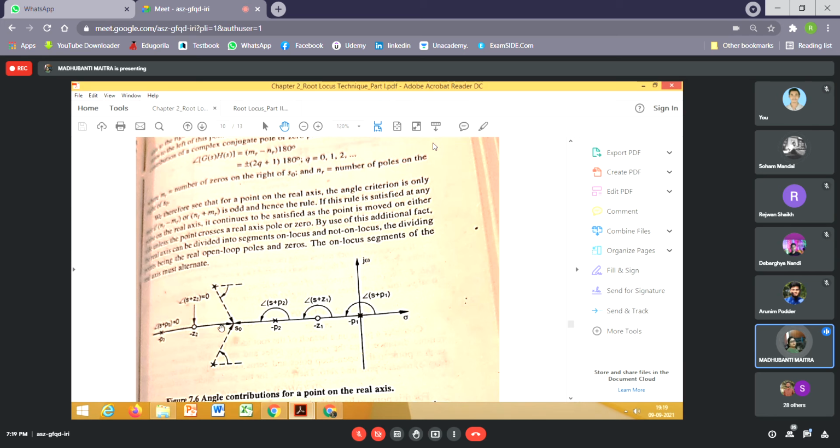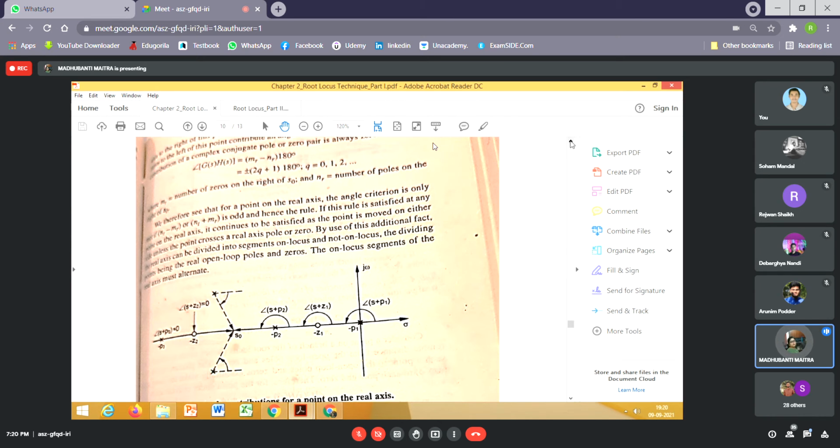Similarly, if we consider the complex conjugate open loop pole pair or pair of zeros, then this angle plus this angle, that means 360 degrees, exactly zero. That means only the real open loop poles and zeros lying to the right of this point are contributing an angle of 180 degrees each, right?